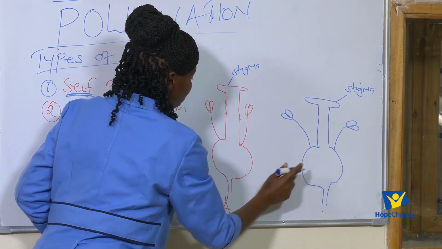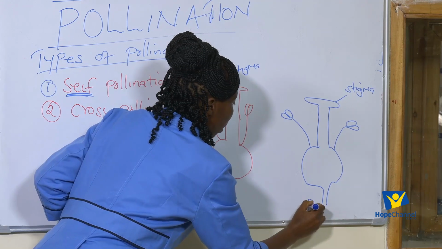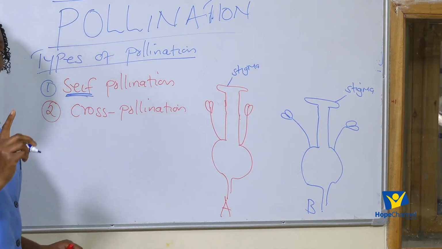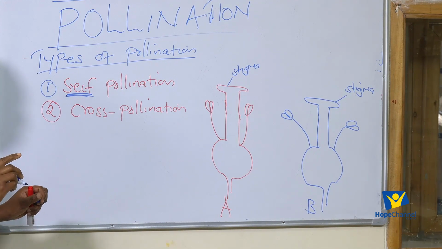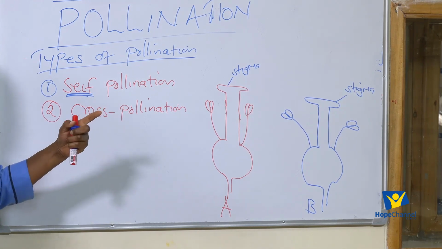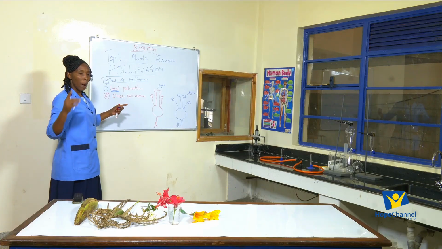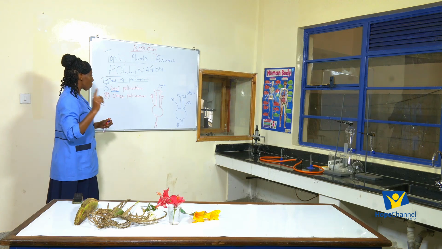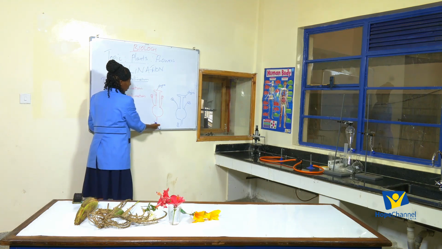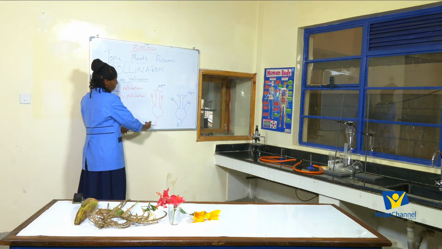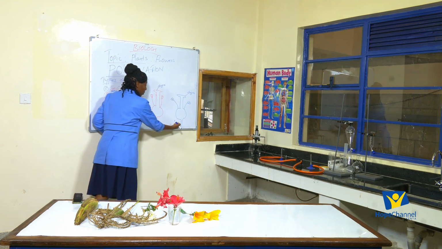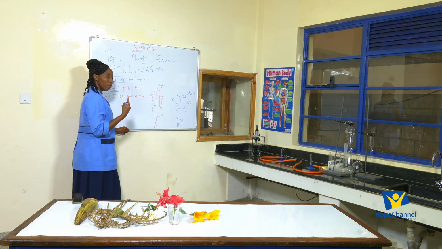These two flowers, flower A and flower B, are of the same species, but the difference is they are of different plants, but the plants are of the same species. That's why I'm using the letters to represent this is plant A and this is plant B, but they are of the same species.